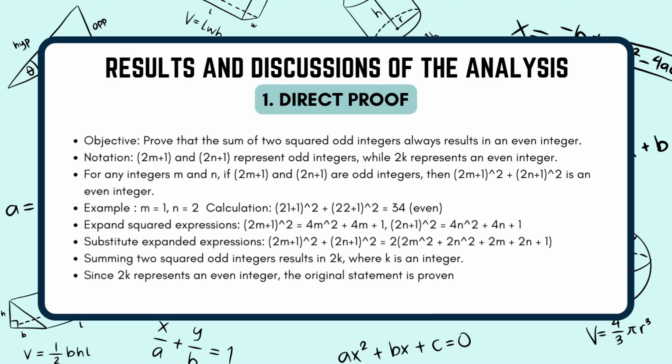Expand the squared expressions: 2m plus 1 power of 2 equals 4m power of 2 plus 4m plus 1, and 2n plus 1 power of 2 equals 4n power of 2 plus 4n plus 1. Substituting the expanded expressions, the sum equals 2 multiplied by 2m power of 2 plus 2n power of 2 plus 2m plus 2n, plus 1. Assuming the sum of two squared odd integers results in 2k, where k is an integer. Since 2k represents an even integer, the original statement is proven.